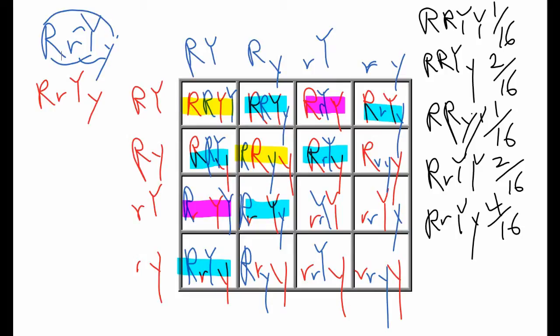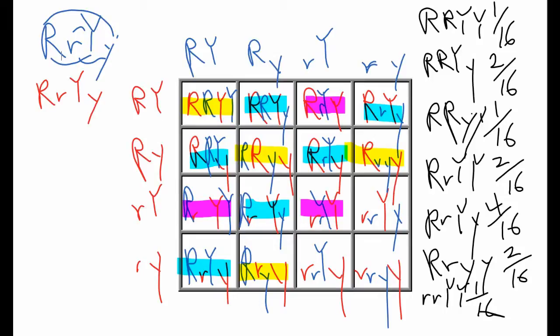So the next genotype we have is heterozygous for seed shape, homozygous recessive for seed color, and we have 2 that look like that, so that's 2 out of 16. And we have homozygous recessive for seed shape and homozygous dominant for seed color. There's 1 that looks like that.